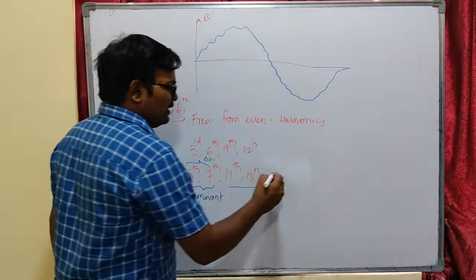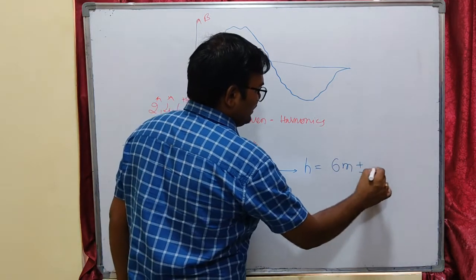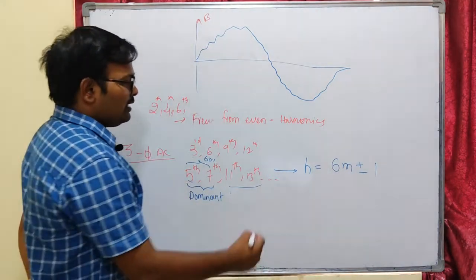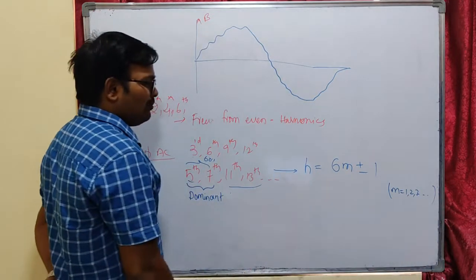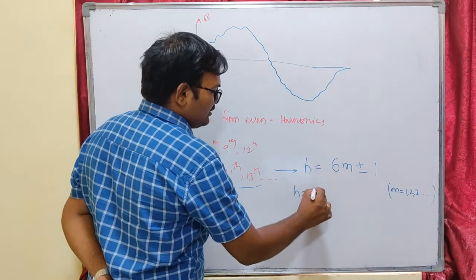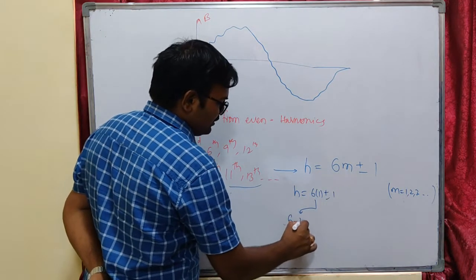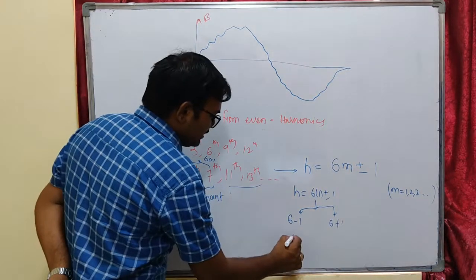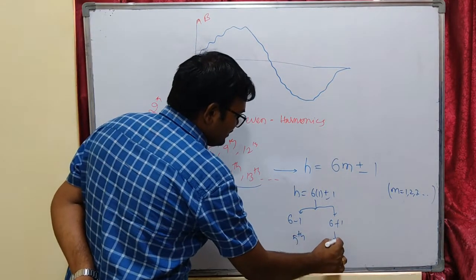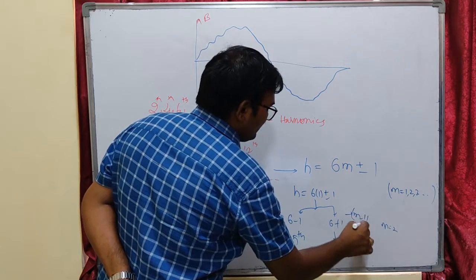And there is one thing here, the order of the harmonics can be calculated using an equation like this. Here m is an integer having values 1, 2, 3, etc. For m equal to 1, the harmonics will be 6 plus or minus 1, that will become 6 minus 1 and 6 plus 1. What is 6 minus 1? 5th harmonic and 7th harmonic.